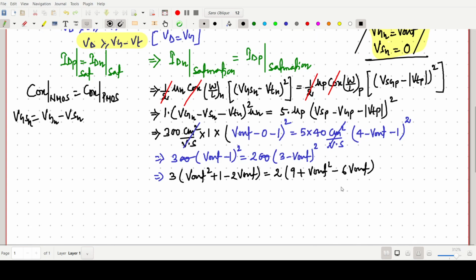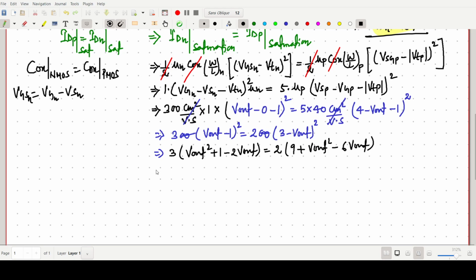Okay, so I am not skipping any step. So again, 3V out square plus 3 minus 6 V output equals to 18 plus 2 V out square minus 12 V out.